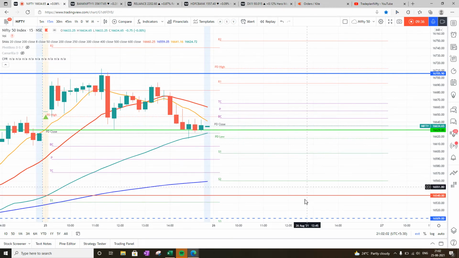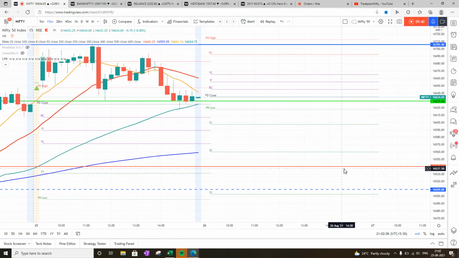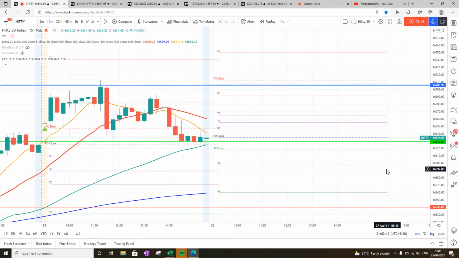And if there is any reversal happening at 16540, then there is another entry you can take on the buy side, because fundamentally the trend is up.